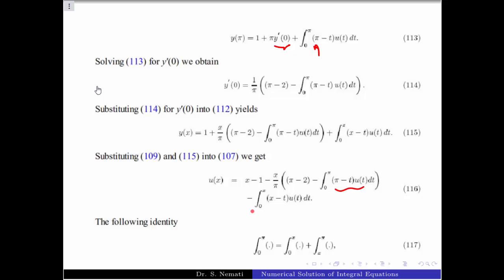This is the procedure. Just some calculation, playing with integrals, and something like this.